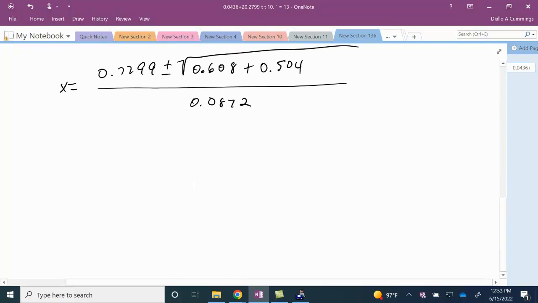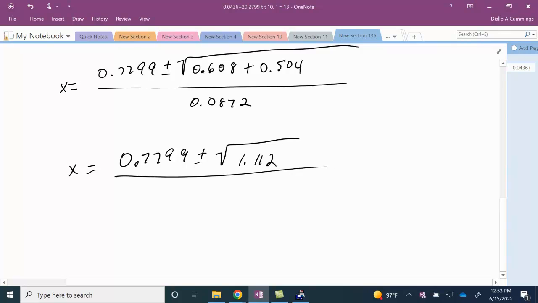So now we're going to simplify the square root. So we're going to add 0.608 and 0.504, which gives us 0.7799 plus or minus the square root of 1.112 all over 0.0872.